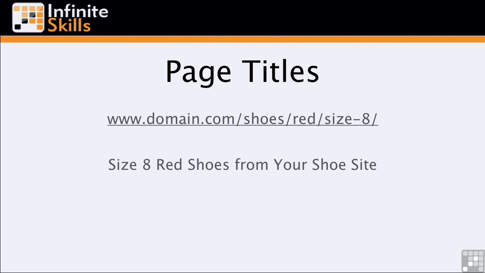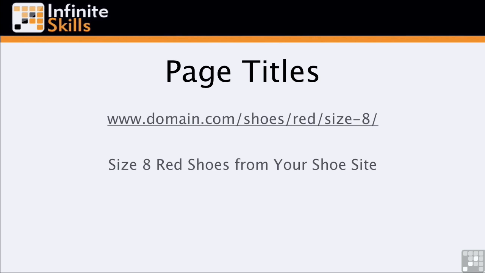The next thing that you'll want to do is to use that dynamic content to create a usable page title. Based on the search, it's fairly easy to make a title that is descriptive and useful both to search engines and users. Using the same example here of domain.com/shoes/red/size-8, a good rule of thumb is to use a reverse URL order.